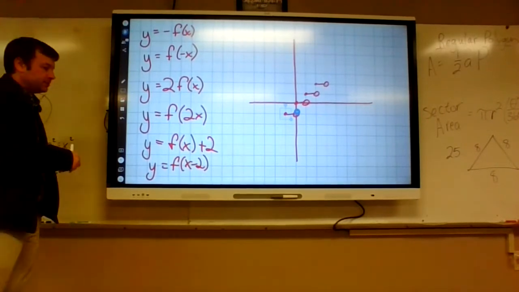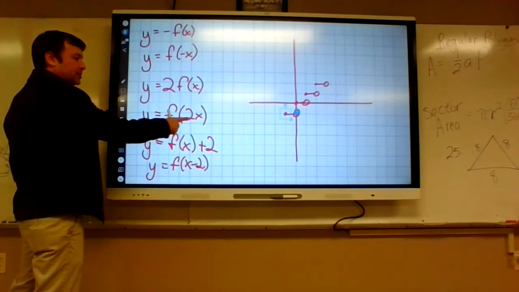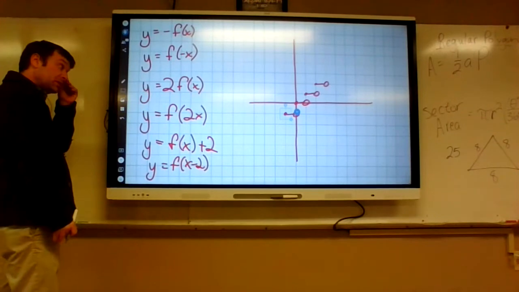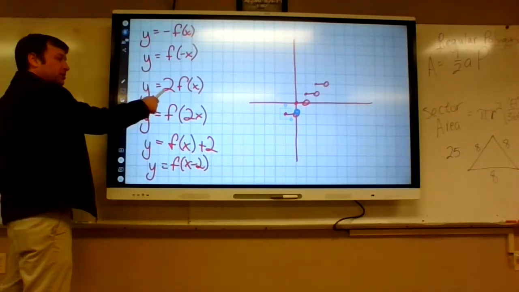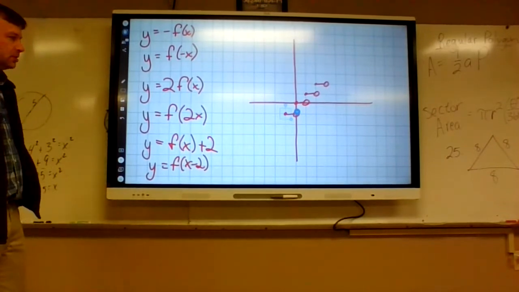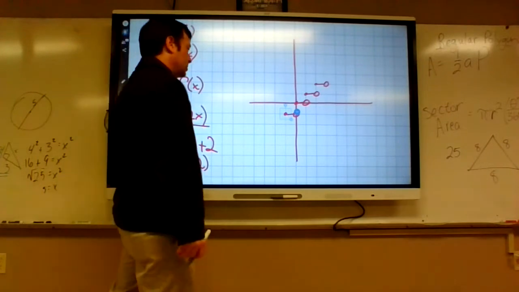What was the one directly on the x again? This one: everything happens twice as fast, so it's a horizontal compression. And the one that's not directly on the x makes it twice as tall. It goes up twice as fast.